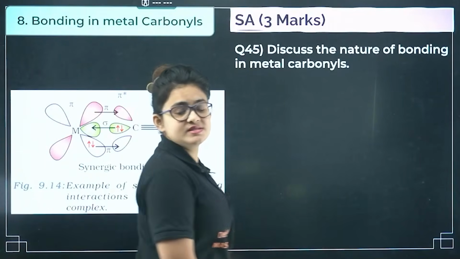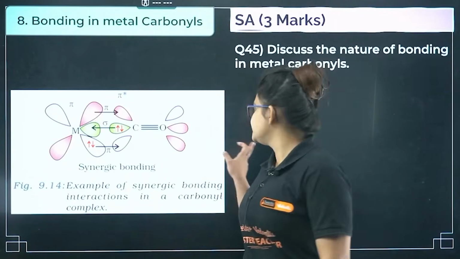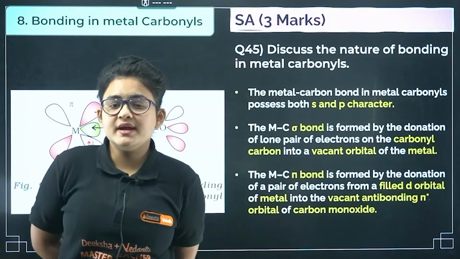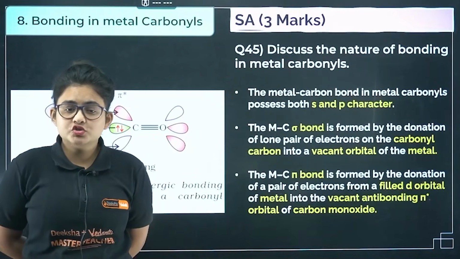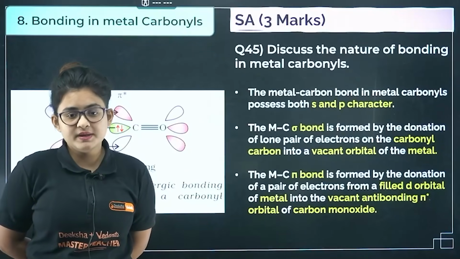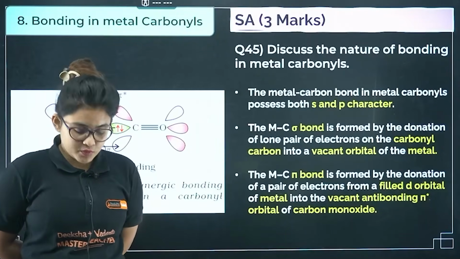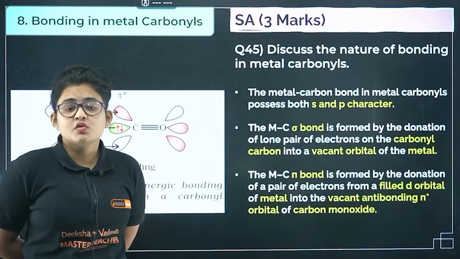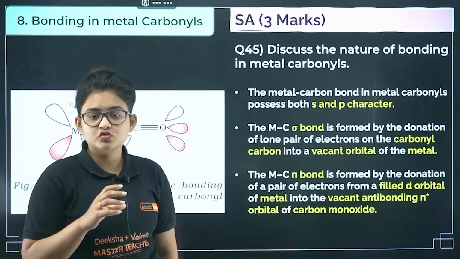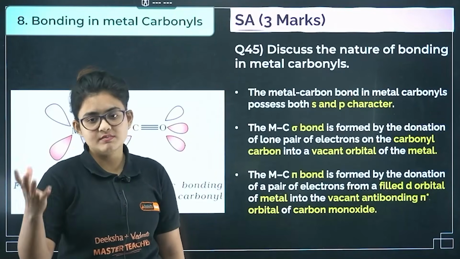Discuss the nature of bonding in metal carbonyls. So here comes the synergic type of bonding. In the metal carbon bond, usually a sigma bond takes place between s and p orbitals, so both s and p characters are there. Carbon at first gives the electron cloud to the metal center and it forms the sigma bond.